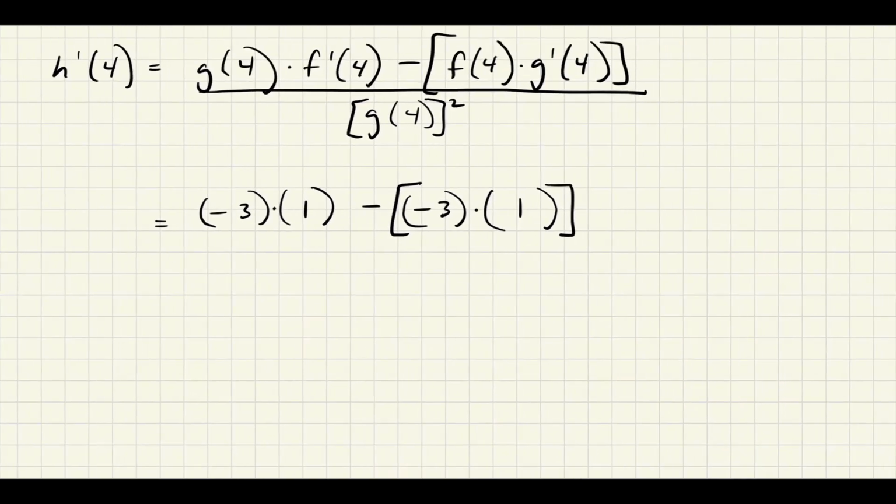Over g of 4 squared. Well, g of 4 we did earlier. That was -3. So -3 squared.